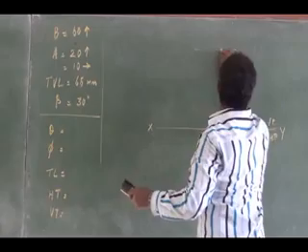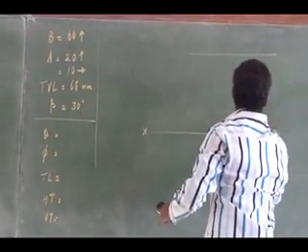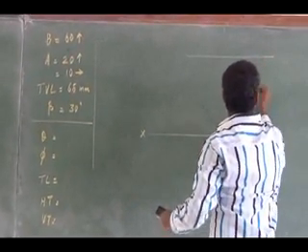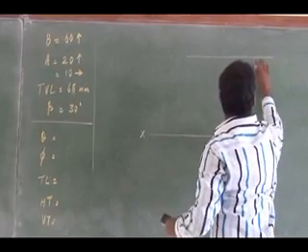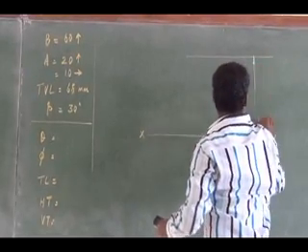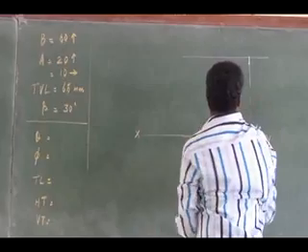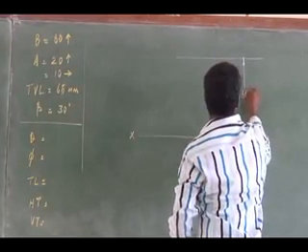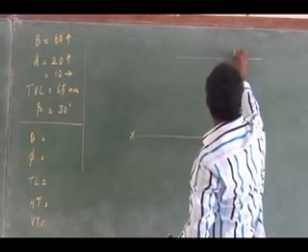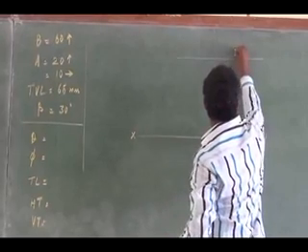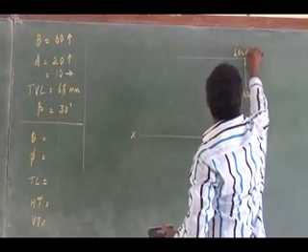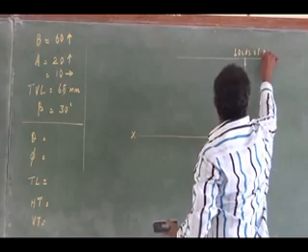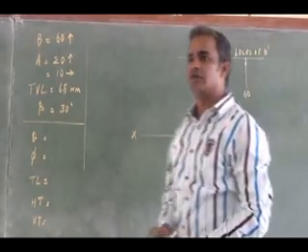This is going to be 60 mm. This is nothing but my locus of B dash. Right. The first data.